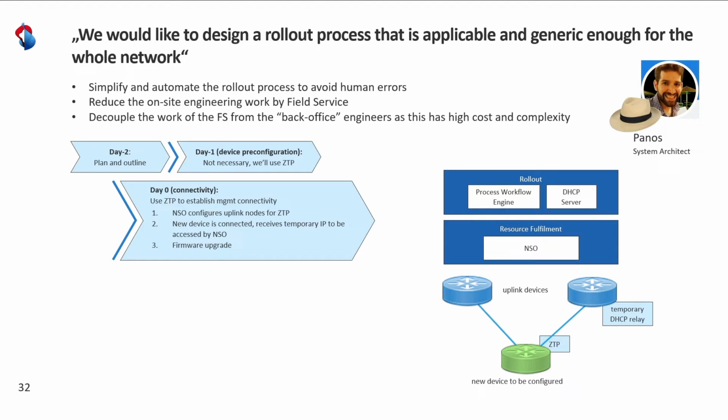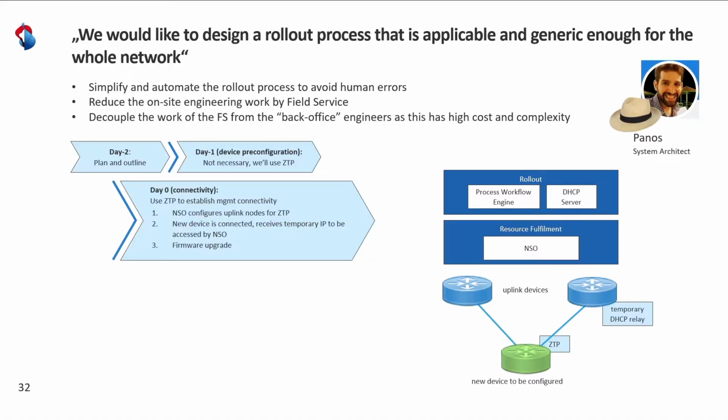In order to use zero-touch provisioning, the network must offer a few services. The uplink devices must be configured in such a way that they support the zero-touch provisioning process. And that, of course, is done by our resource fulfillment engine.